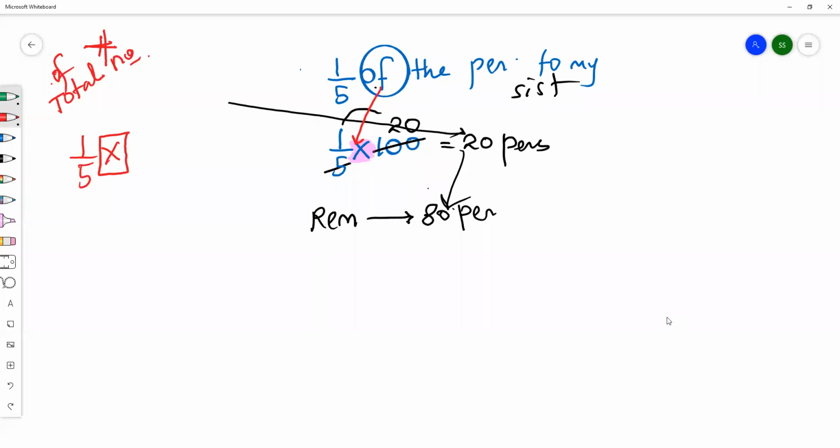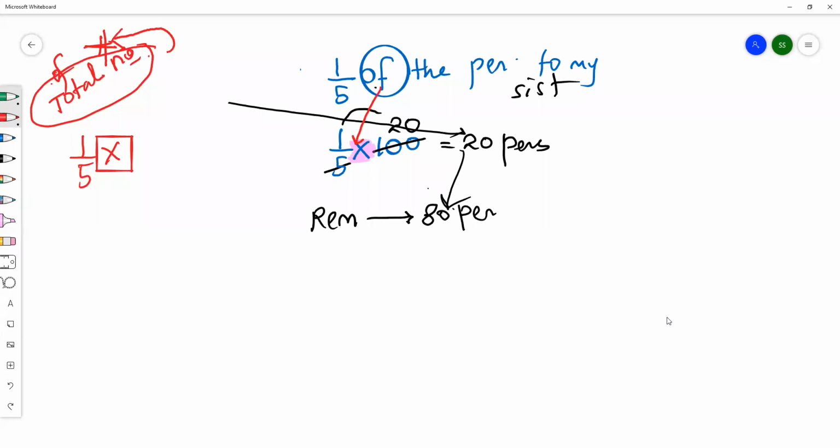Total, whatever, no problem, coconuts or mangoes or liters or rupees. Total is given means you can use the symbol of multiplication. If total is missing in the question, you can't use multiplication symbol. That is one of the key points you have to understand in this chapter.